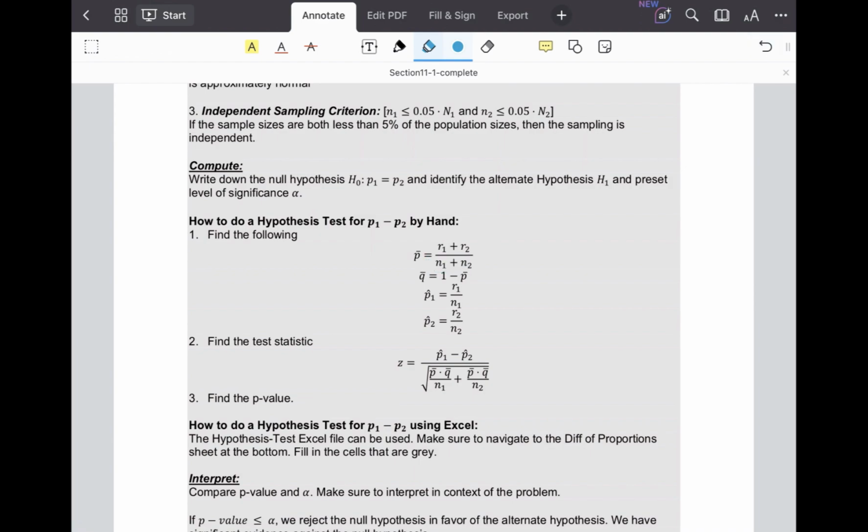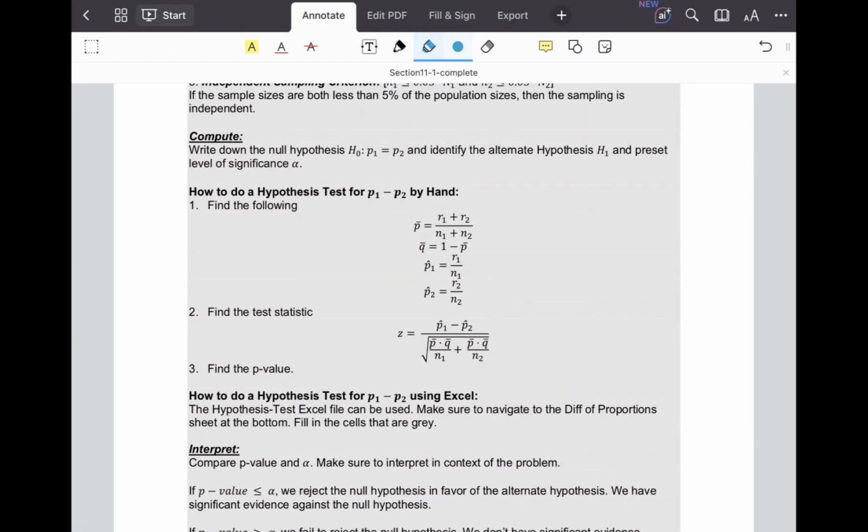Just add both the sample sizes together. It's used in the calculation. That's pretty much the only place that it's used. It's calculated in the Excel file as well if you ever need to identify it. But it's just you add the numerators together, add the denominators together.